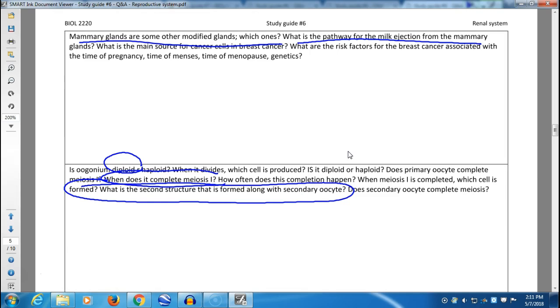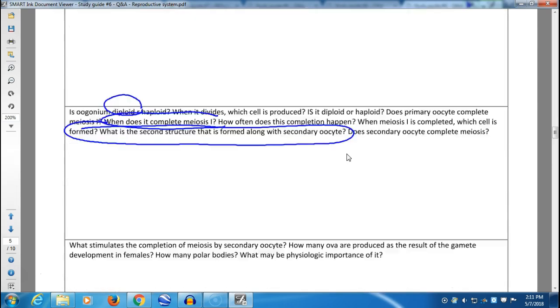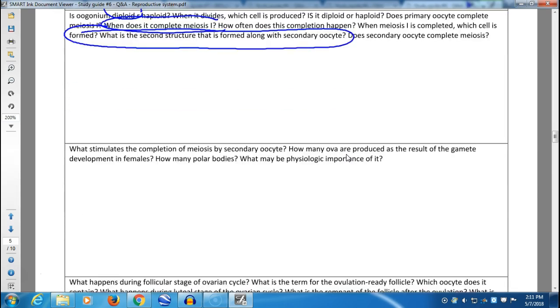Metaphase. I'm not going to ask you which phase. So, meiosis 2 is completed by the oocyte after it's fertilized. We're clear. It's fertilized, it completes meiosis 2, and it becomes the ovum, the fertilized ovum.